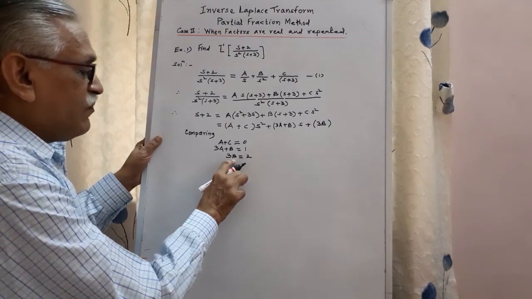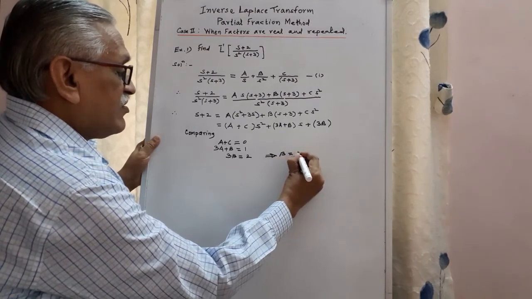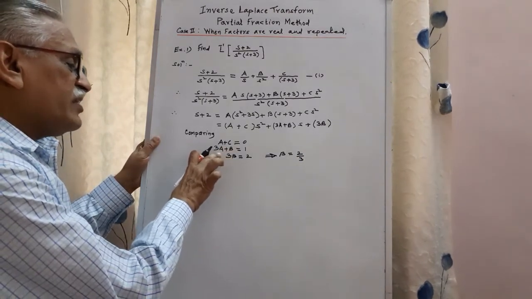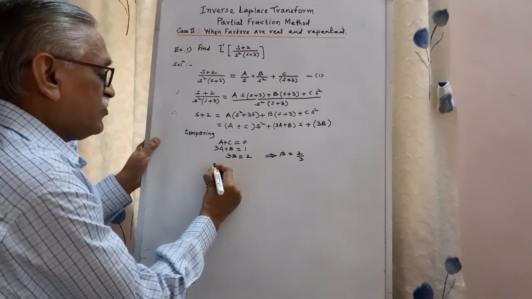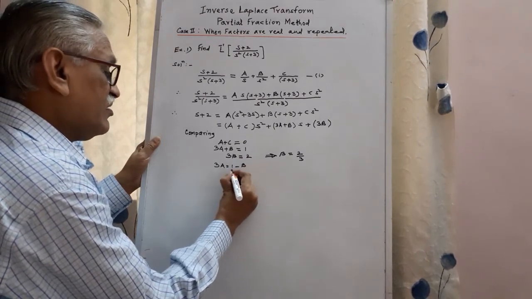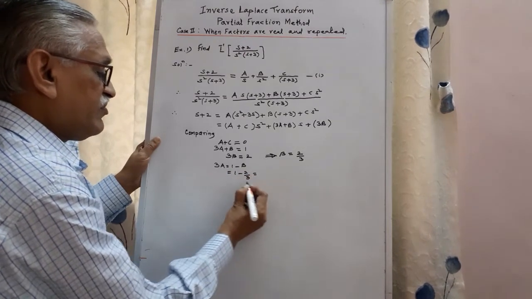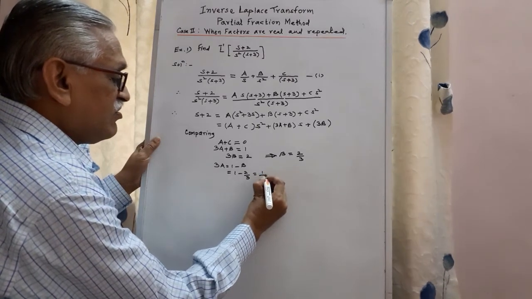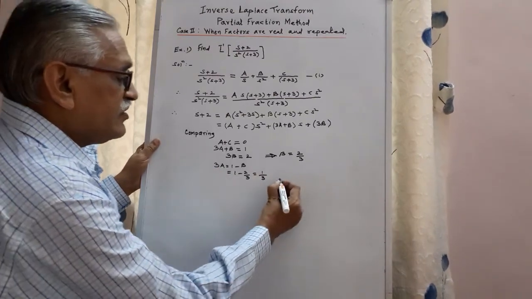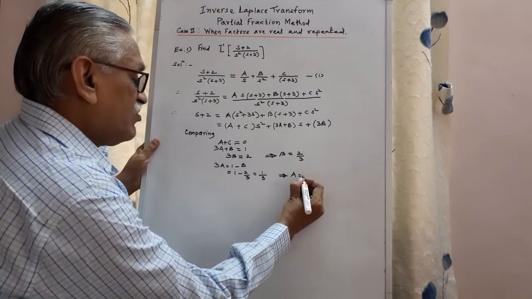From this we get the value of B as 2/3. If we put that value here, we get 3A equals 1 minus B. B is 2/3, so 3 minus 2 over 3 gives 1/3. 3A equals 1/3, which implies A equals 1/9.